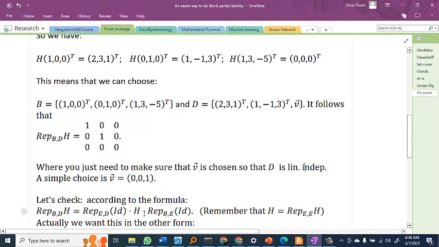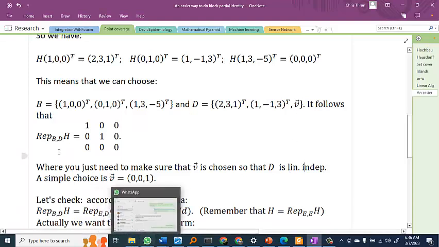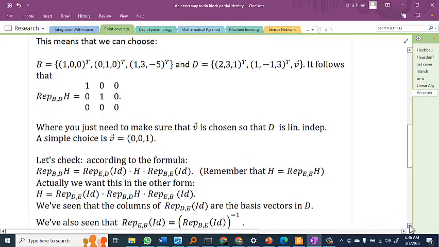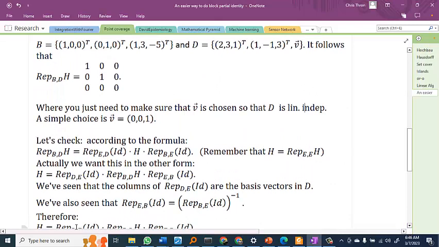According to the formula, rep BD of H is equal to rep ED of the identity times H times rep BE of the identity. That's the same formula that I put up top. But we want to rearrange this because we want to express H in terms of this representation, which has this nice form. Here you just reverse the basis transformations.